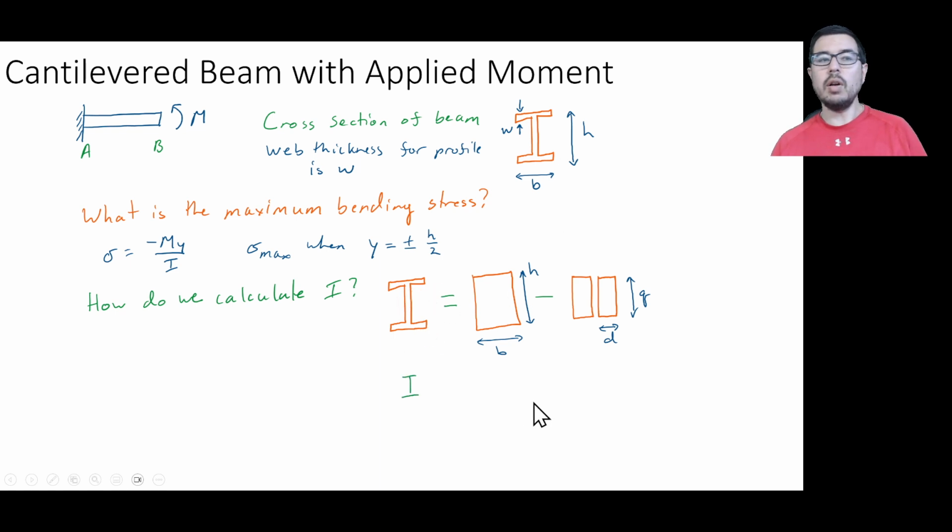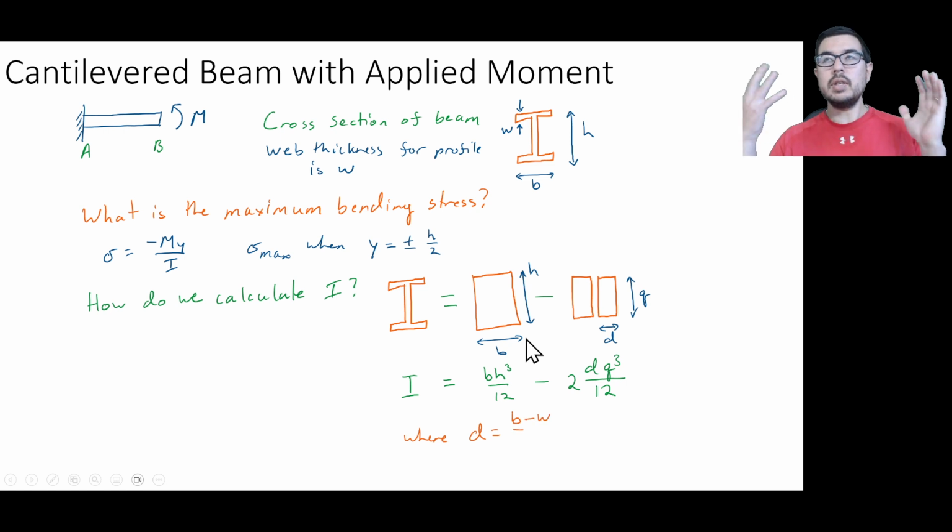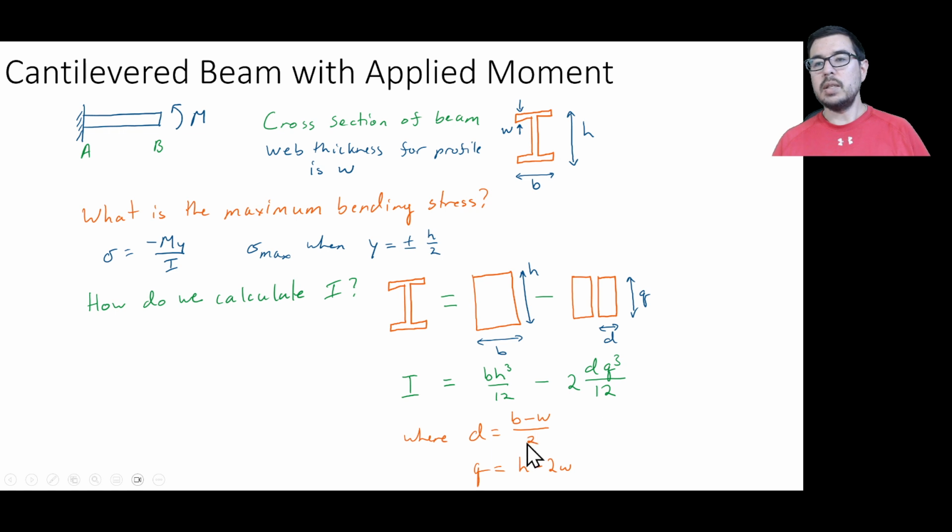So I can also be written as, for these geometries, bh cubed over 12 minus 2 times, because there are 2 of these, dq cubed over 12. And in this case, the d, which is not referring to the d in the parallel axis theorem, is going to be (b minus w) over 2. And q is going to be equal to h minus 2w.